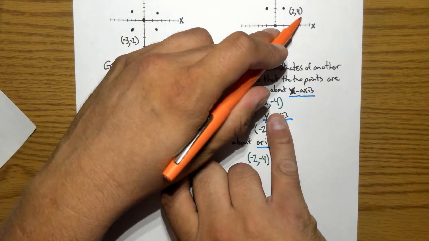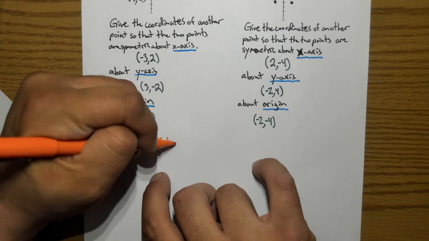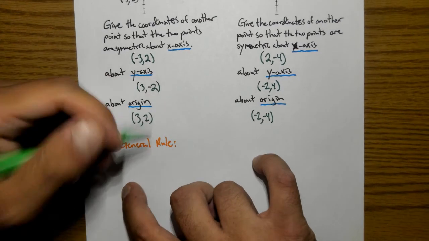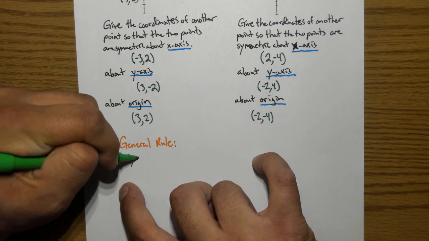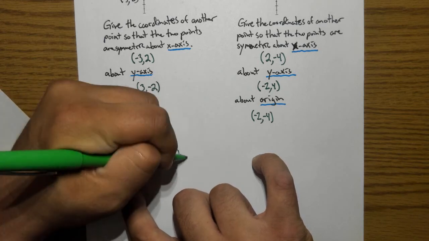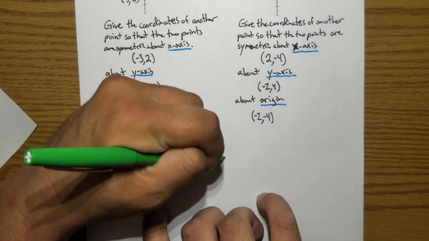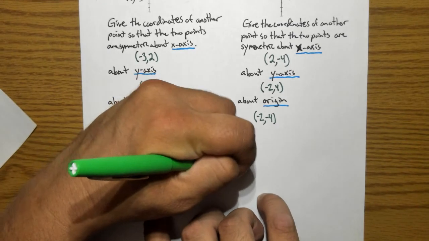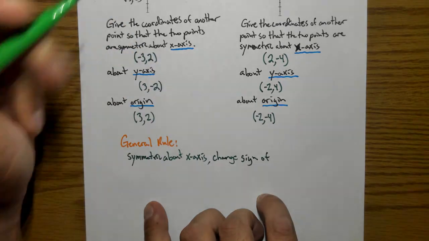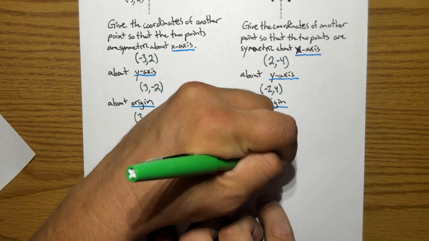This was 2, 4. This is 2, negative 4. So general rule, symmetric about the x-axis, change sign of the y value.